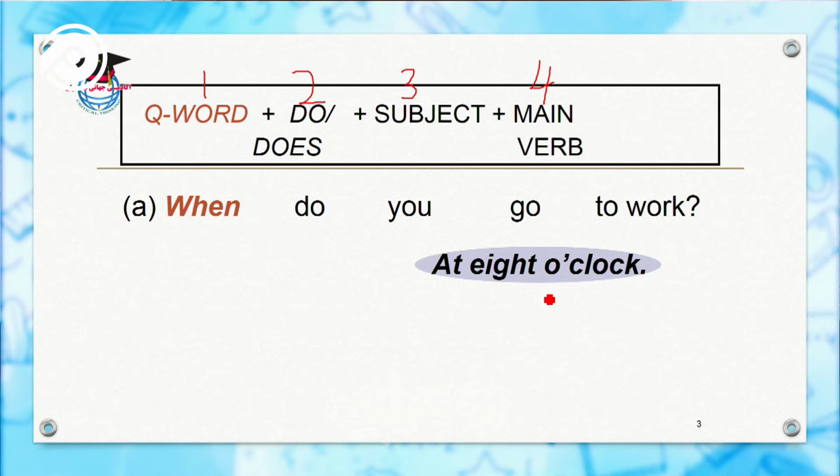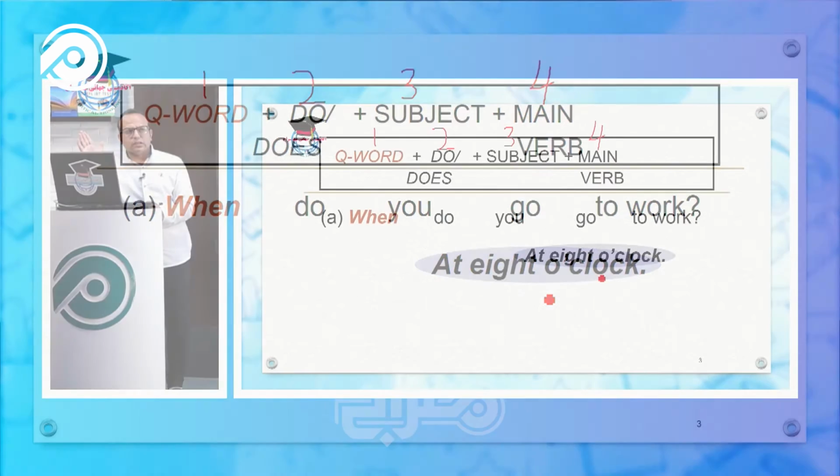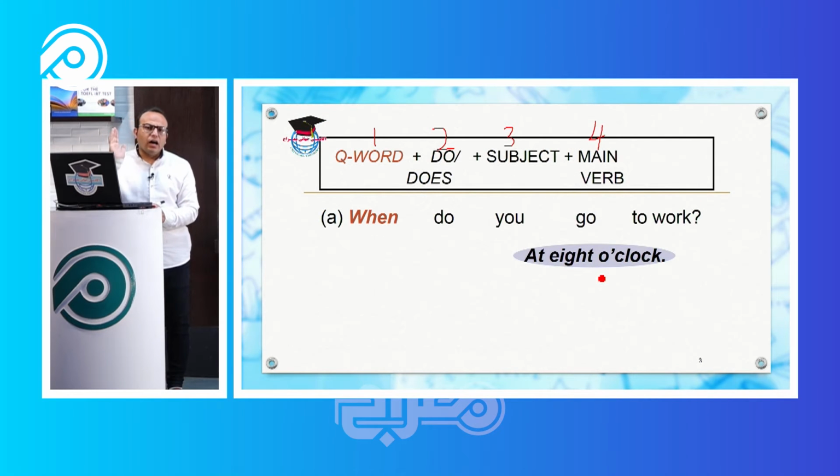You can also say, I go to work at 8 o'clock. When do you go to work? At 8 o'clock. Or, I go to work at 8 o'clock.